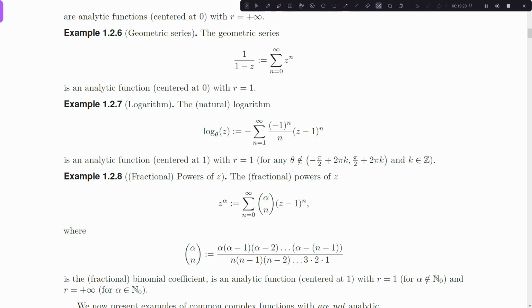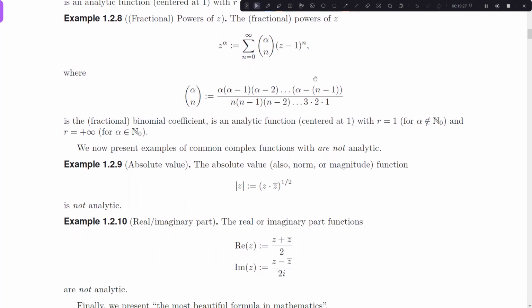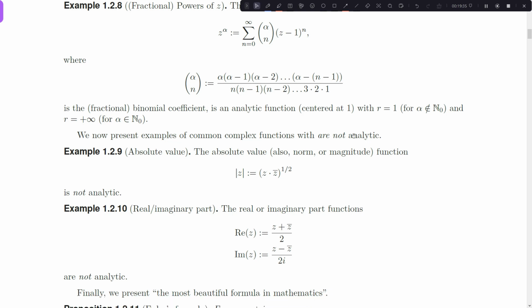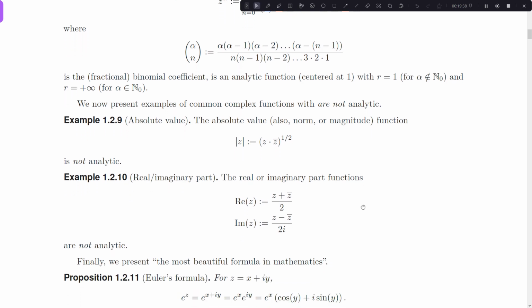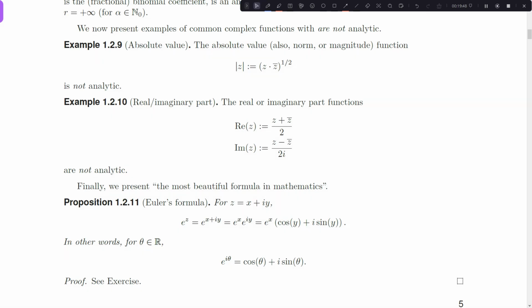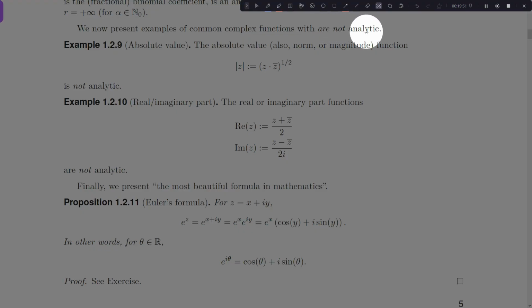We also have fractional powers. These probably won't be too important later, so I'm going to skip over those for now. But fractional powers can be represented as a Taylor series, and then I'm going to present a couple examples of functions which are not analytic. Functions which are not analytic, okay, because these definitely exist.